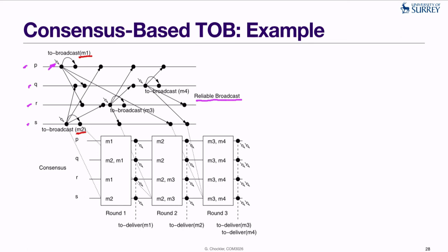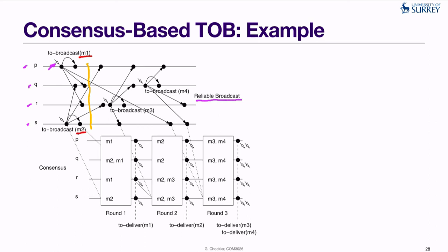In this specific example, the first instance of consensus, of round 1, gets activated somewhere here. That doesn't necessarily happen at the same time at every process, but for simplicity we can just assume that.